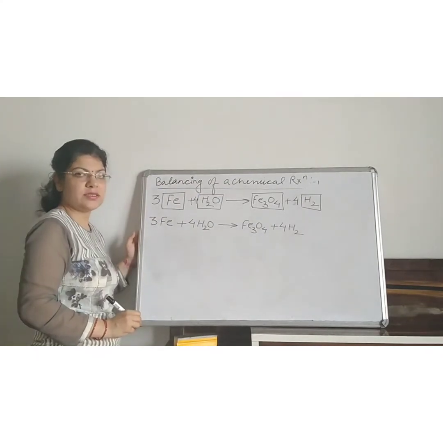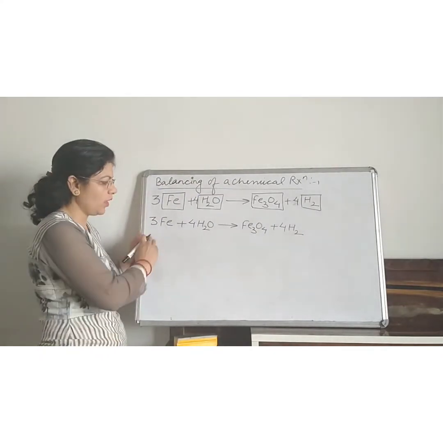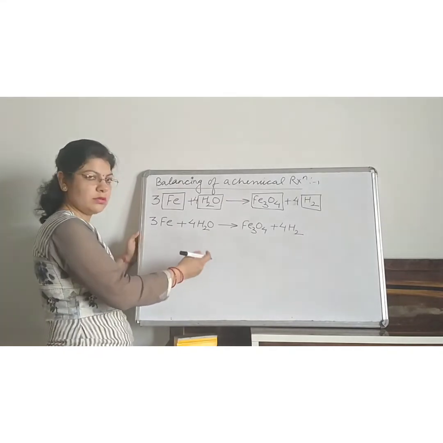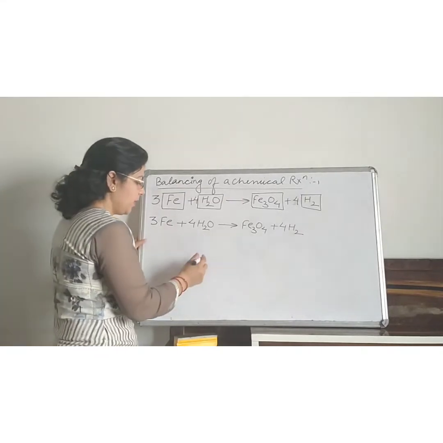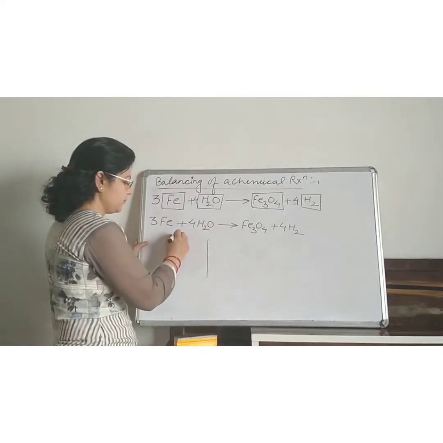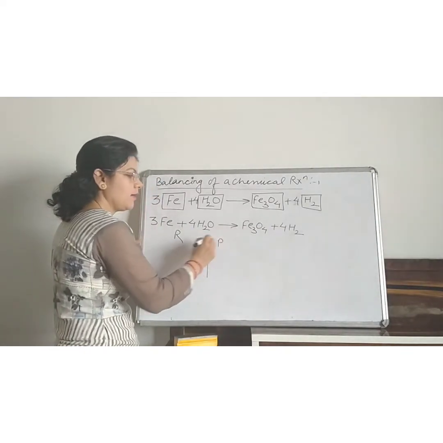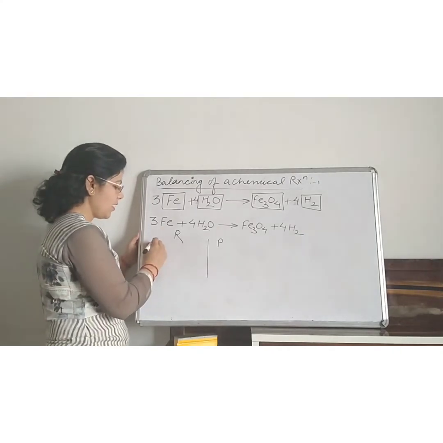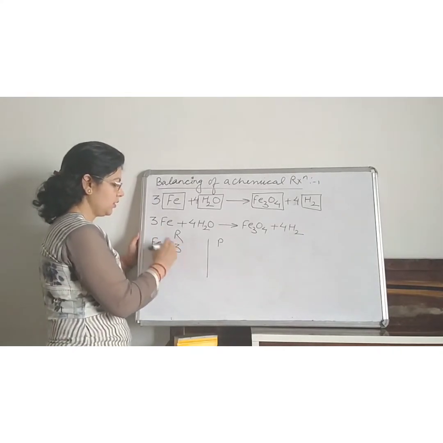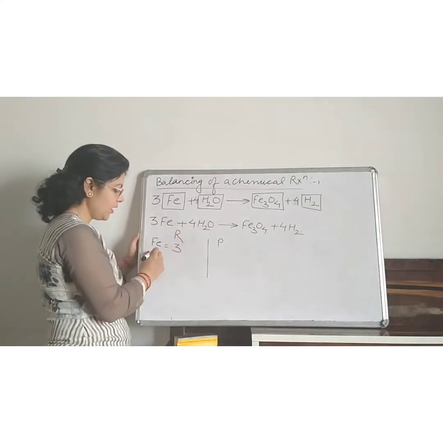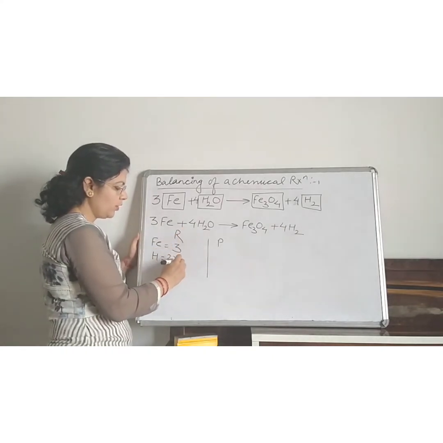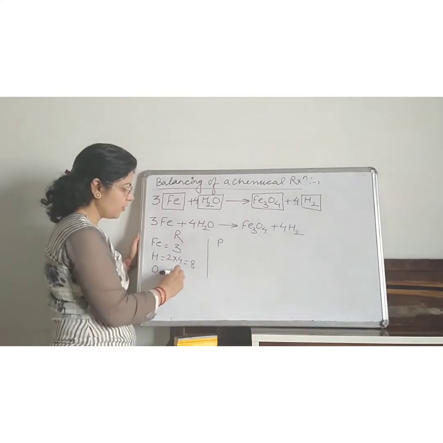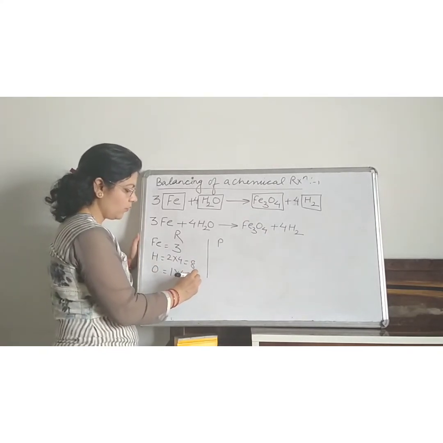Now the last step is to check whether this is balanced or not. For this, make a table again and write the atoms on both sides. On the reactant side: iron 3, hydrogen atoms 2 into 4, that is 8, and oxygen atoms 1 into 4, that is 4.